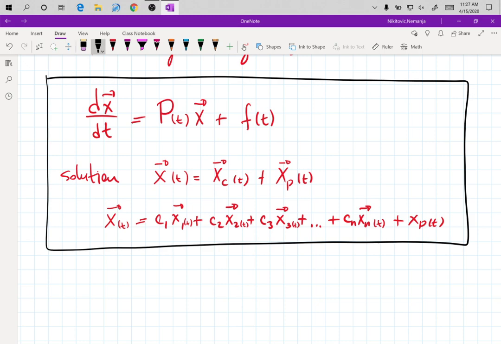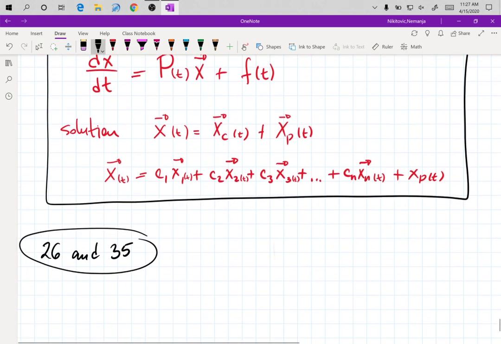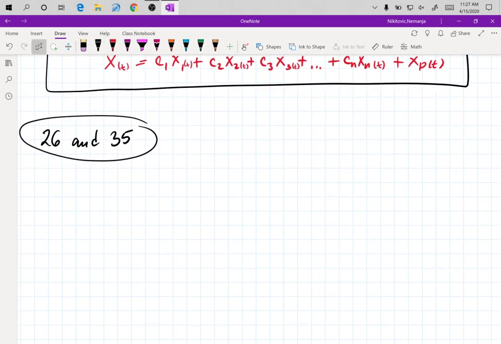So let's go with the union of problems 26 and 35, because the question looks the same. So come up with a solution for the system and then use initial conditions to calculate the C's.